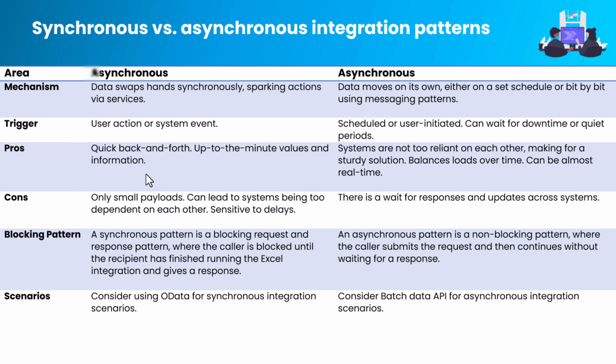OData is well suited for synchronous operations where real-time data retrieval and updates are crucial, such as retrieving live data for display in the user interface. And the batch data API is ideal for asynchronous operations where data can be processed in bulk during off-peak times, such as overnight data synchronization or reporting processes.